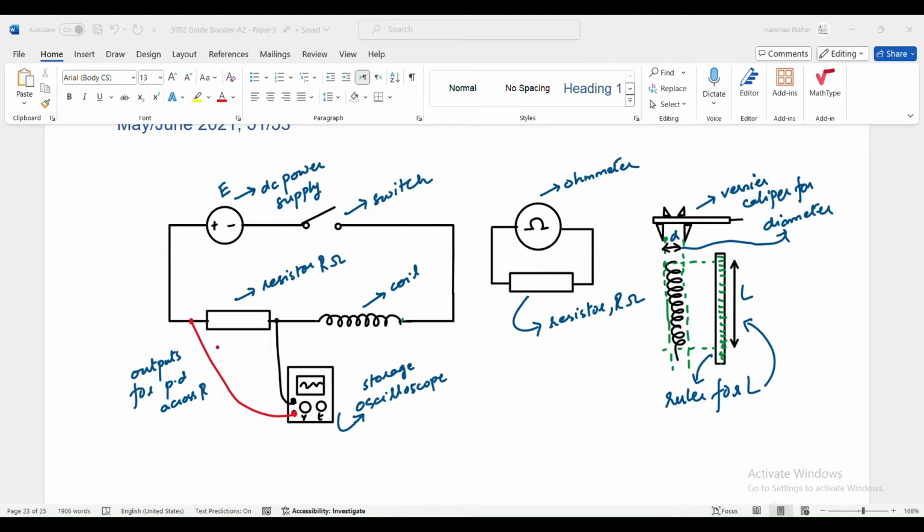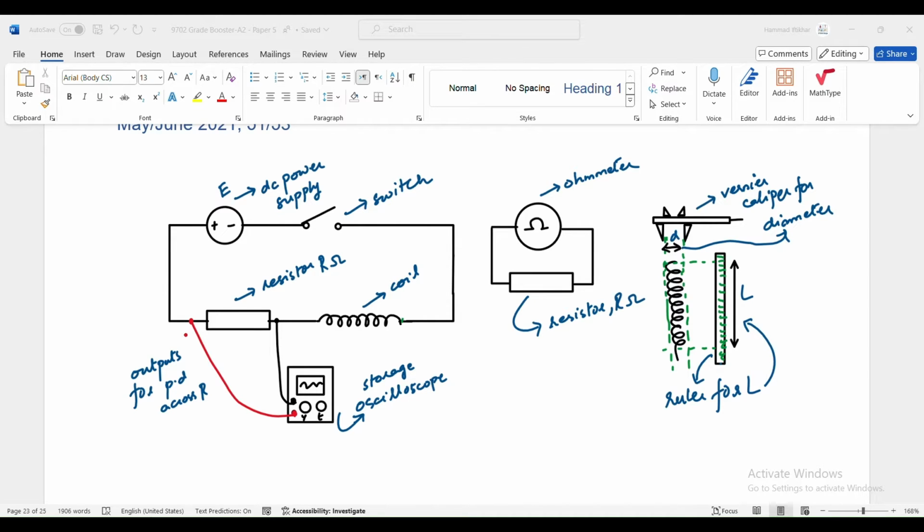Over here, what I'm going to do is monitor the outputs using a storage oscilloscope that can record for a while, and then we will analyze how much time it takes for it to reach the maximum voltage. So maximum current passing through the resistor will produce the maximum potential difference also. So we can measure the time.